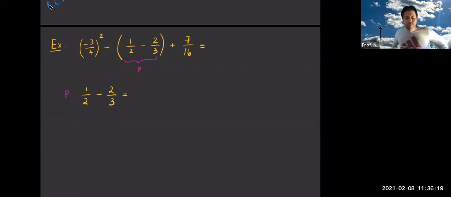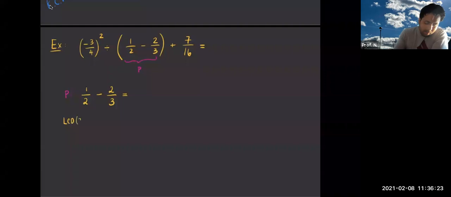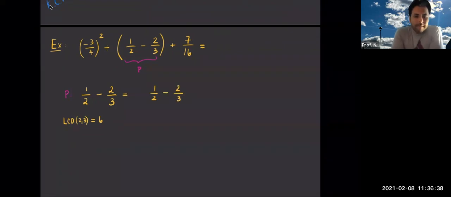LCD? Okay, and then what would be the LCD between 2 and 3? In this case, it's 6. Pretty straightforward. And then if it's 6, how do I use that to make the denominators the same? What must I multiply 1/2 by?